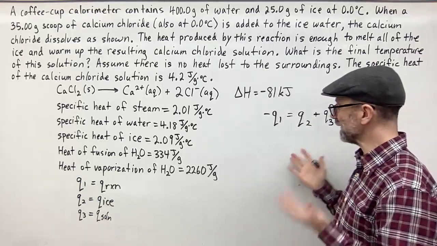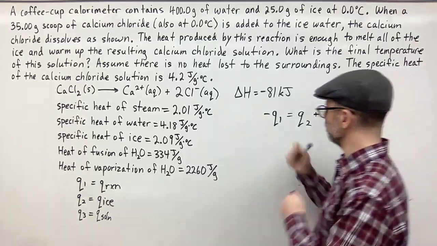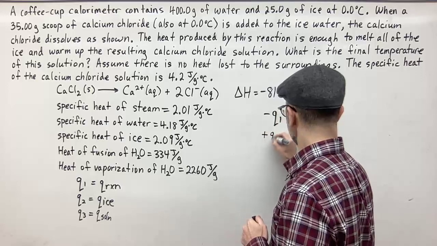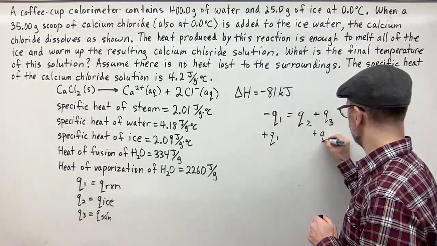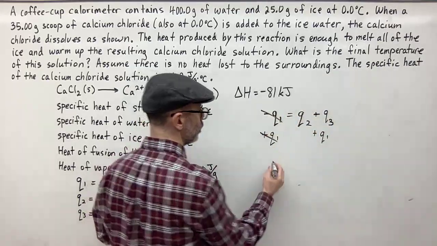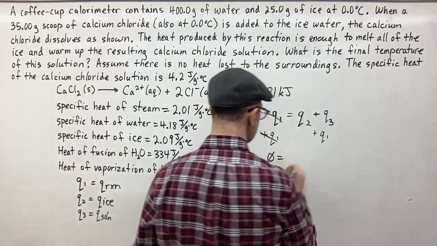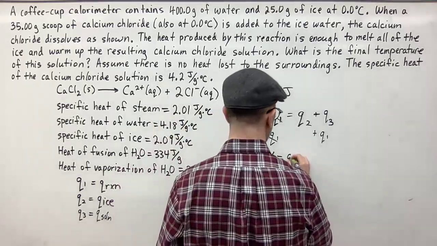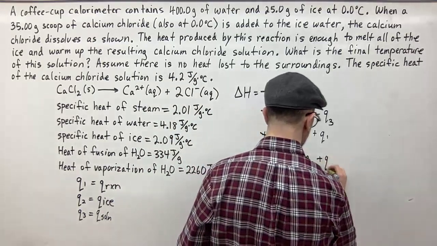Now, I like to move all of the Qs to one side. So I'm going to add Q1 to both sides. Then the negative 1 and positive 1 are going to cancel out, so I'm going to get 0. 0 is then equal to Q1 plus Q2 plus Q3.